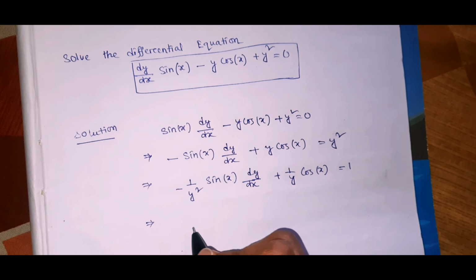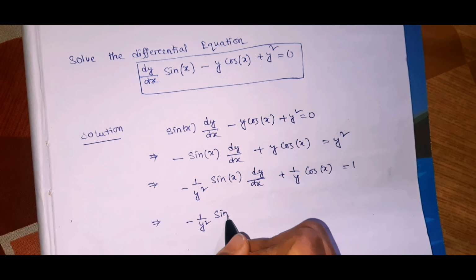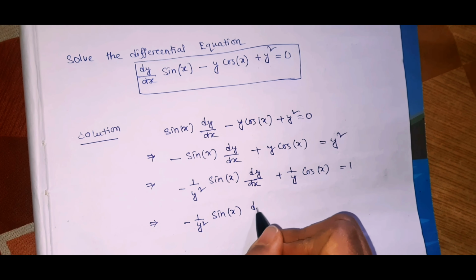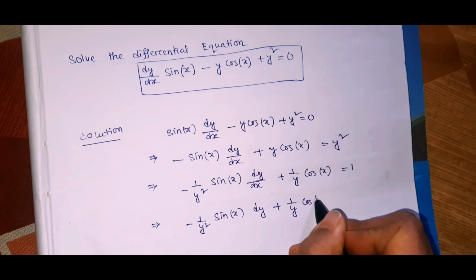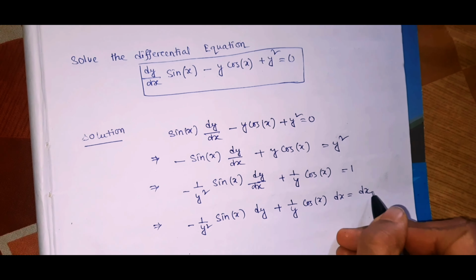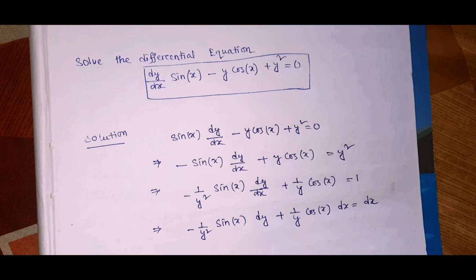The next line we multiply by dx on both sides and we get minus 1 by y square sin x dy plus 1 by y cos x dx equal to dx.